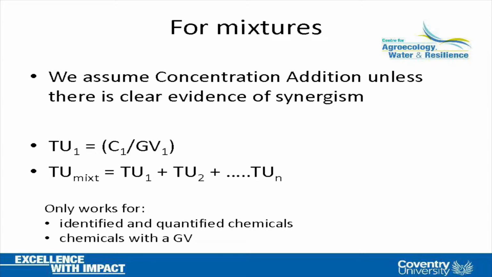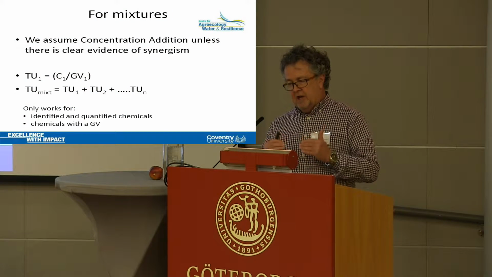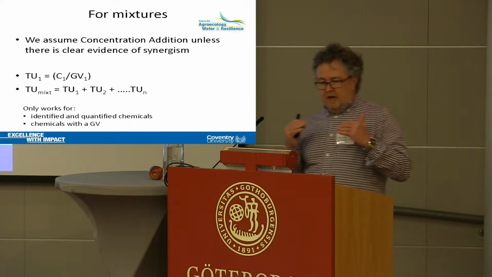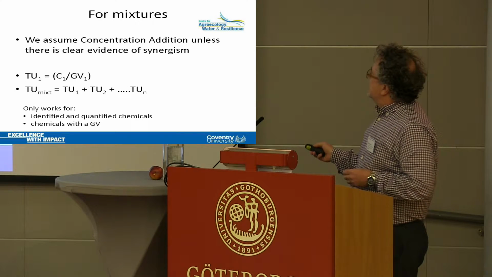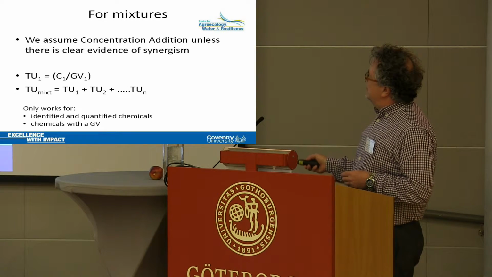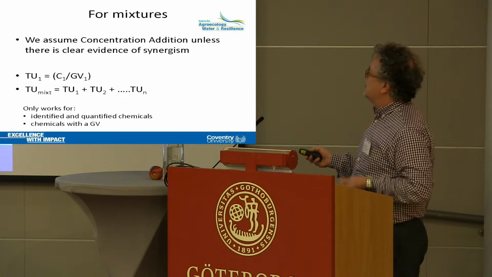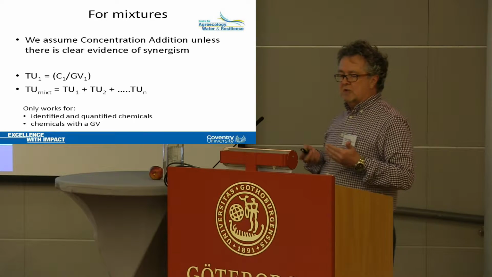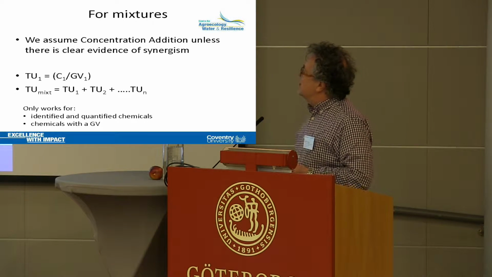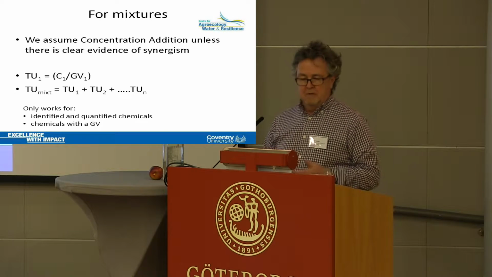In terms of mixtures, generally we don't derive guideline values for mixtures, but in terms of the implementation, we do consider mixtures. So this is the current version of what we do, which was published in 2000. And we say that if you have a mixture, you assume there is concentration addition unless there's clear evidence of synergism, okay?